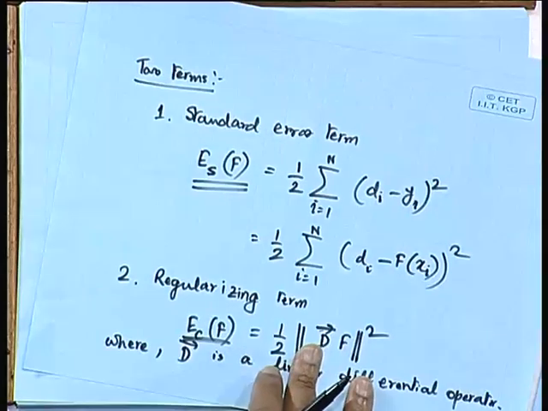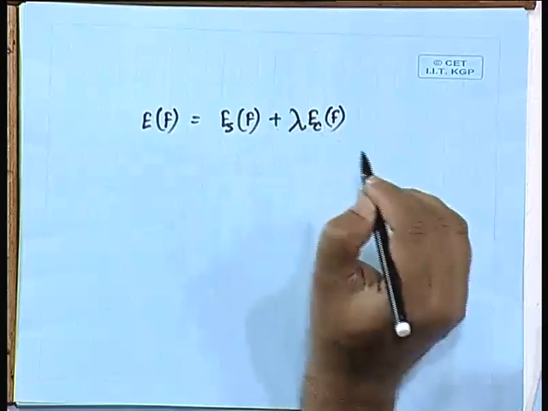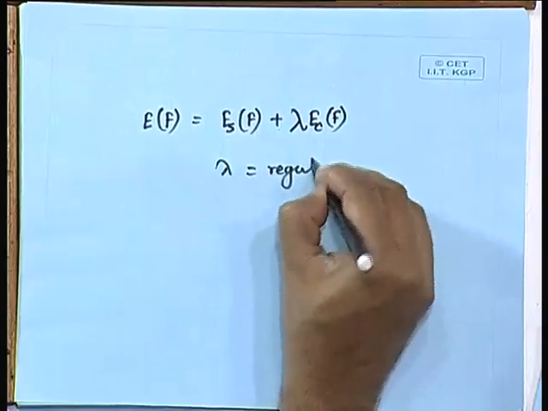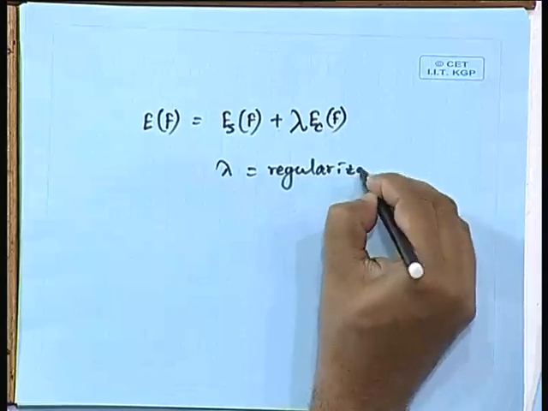Now, whether I should give equal importance or not is a debatable question. So, to make it general and to play safe, let us put a term of Ec of f multiplied by lambda, where lambda is a regularization parameter.